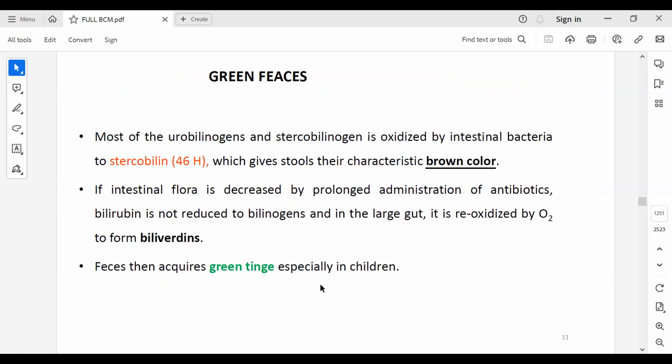So most of this stercobilinogen or urobilinogen will be oxidized by the bacteria to stercobilin, and that will give your feces the brown color.